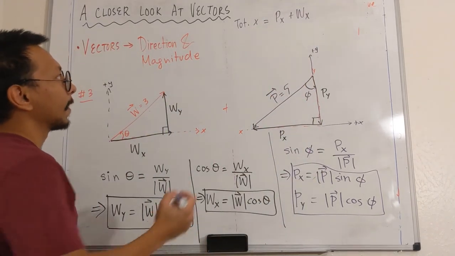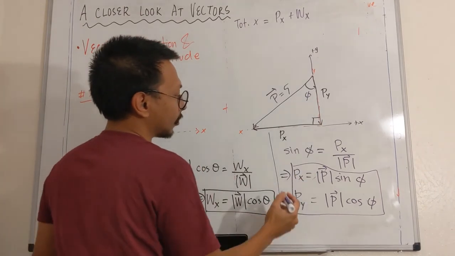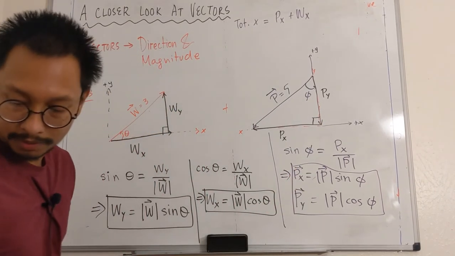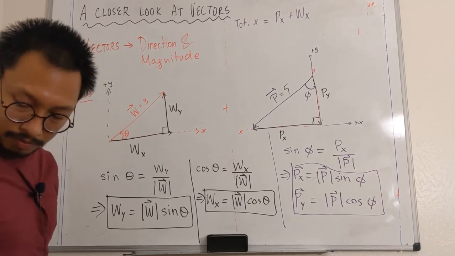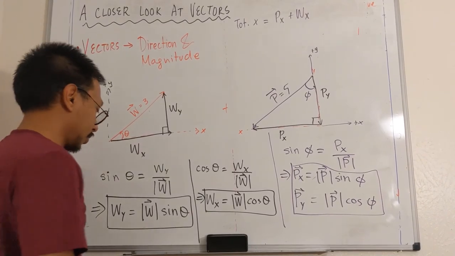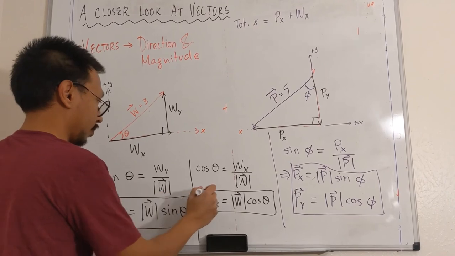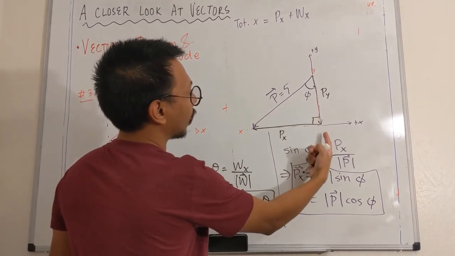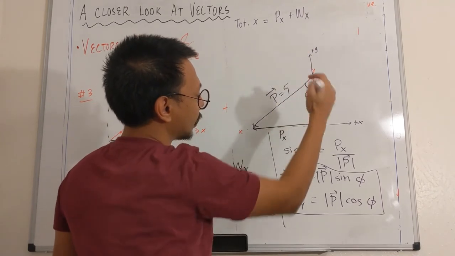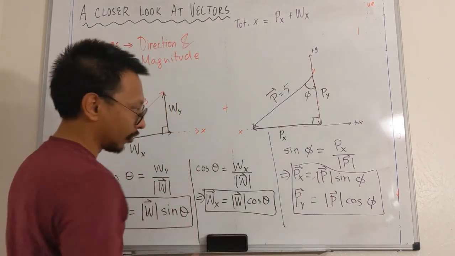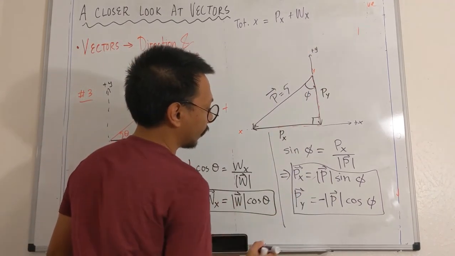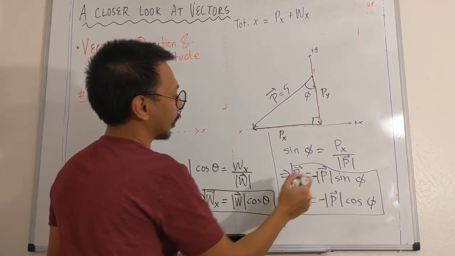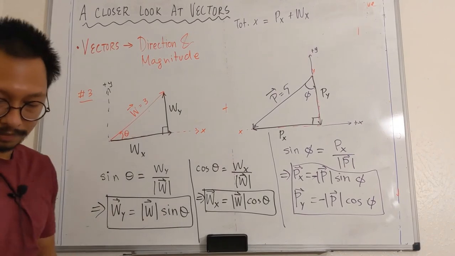Okay, and remember, these are vectors. py is directed negative, so this is actually negative, and px is also directed negative, so this is also negative.